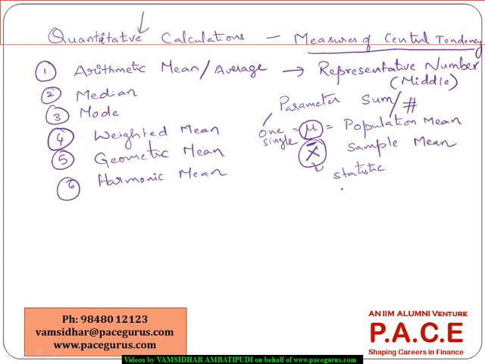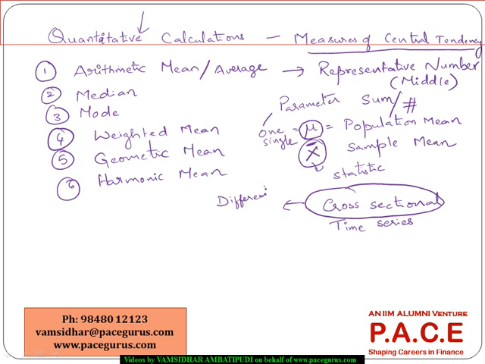In general, we can compute the means for two kinds of data, either cross-sectional data or time series data. When I say cross-sectional data, it means different entities at the same point in time.